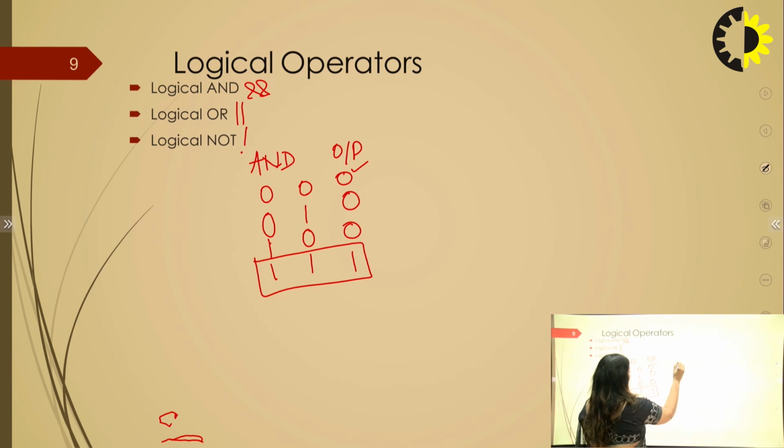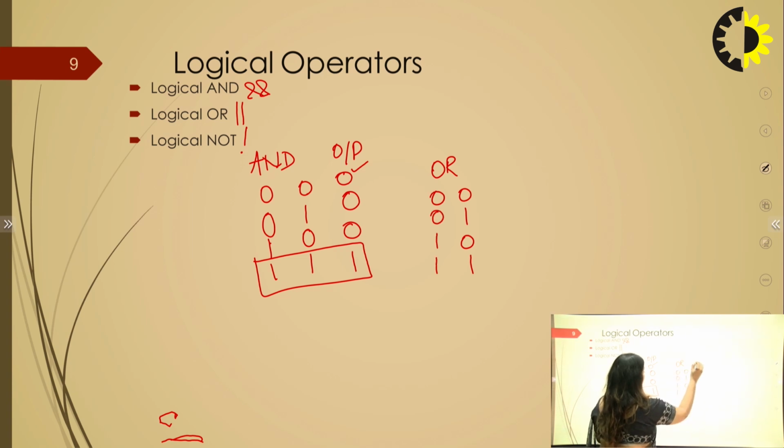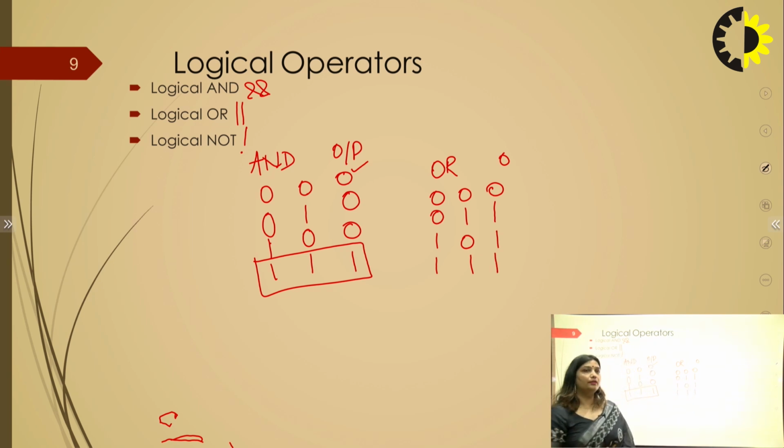For OR, with the same inputs, the output will be 0, 1, 1, 1. If any of the inputs is true, the output will be true. And for logical NOT, for 0 it is 1, and vice versa, for 1 it is 0.